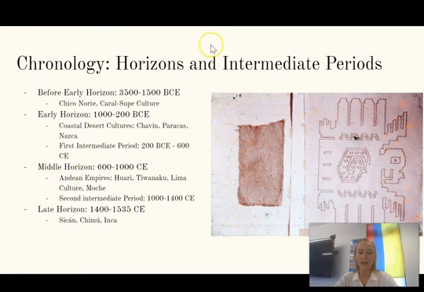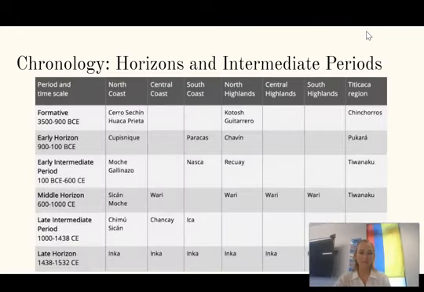These early horizons, again, are pretty approximate estimates, some of these, because we don't have, like in Maya, actual calendar years where we can say this happened on a Tuesday in the year 824. We can't quite do that yet with Inca or Andean art.